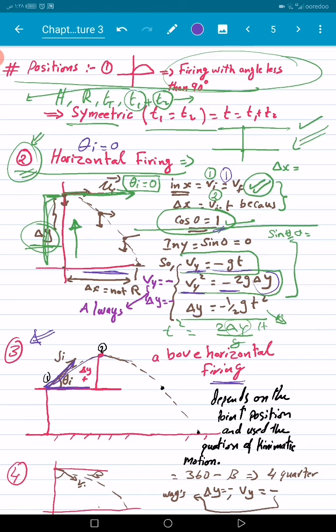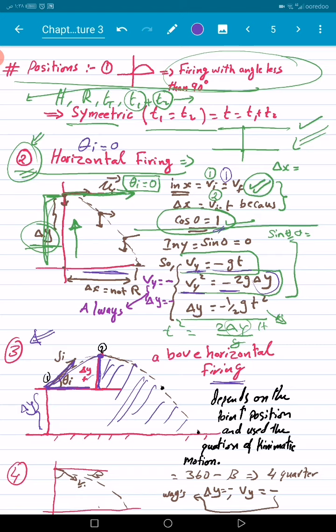When it reaches this point, this is not the maximum height, so be careful, because I start firing from distance delta y. I am not starting from here, so that means this shape is not symmetric, because this part is not equal to this part. So be careful.